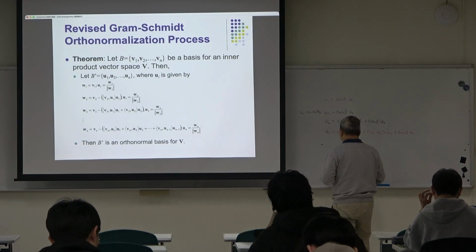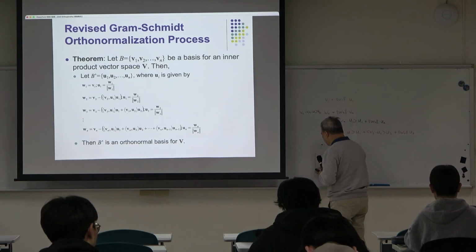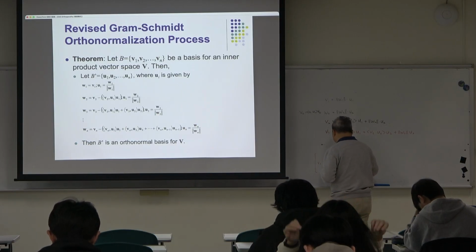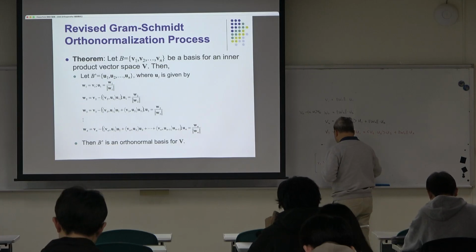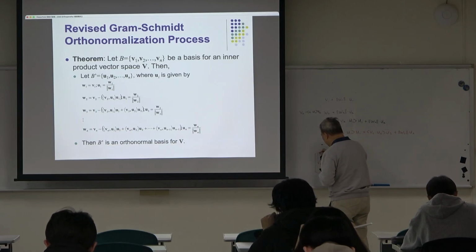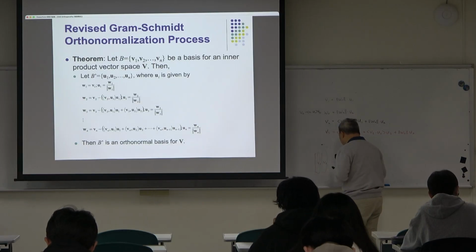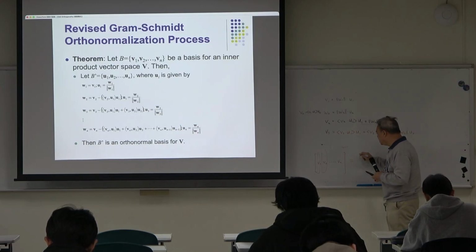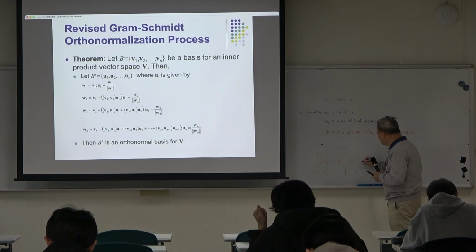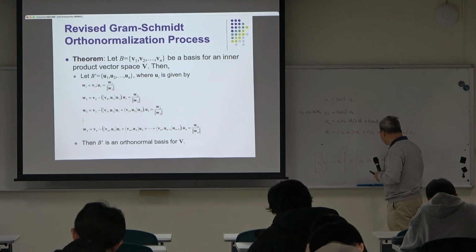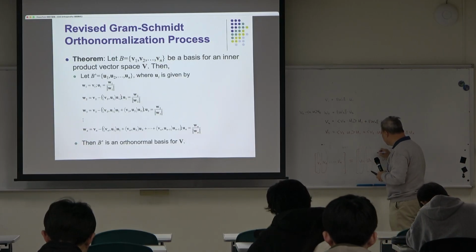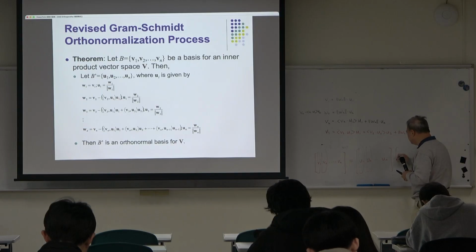So in our work, if this is V1, V2, up to Vn, these are the column vectors, then you will write it as your U1, U2, up to Un, column vectors, multiplied by a matrix.